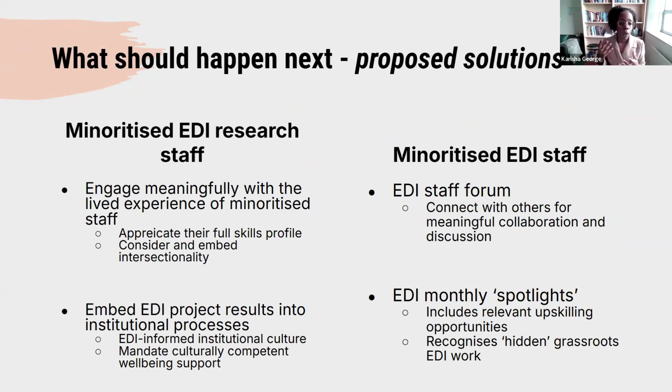There's also a requirement for institutions and funding bodies that EDI project results are embedded into institutional processes, so we don't see this lack of progress and loss of knowledge every time we have staff turnover. That will lead to an EDI-informed institutional culture, and also help them see the need for culturally competent well-being support.